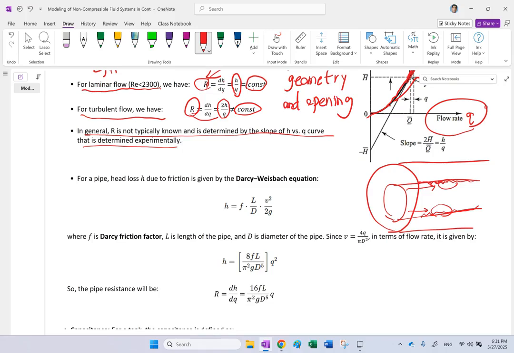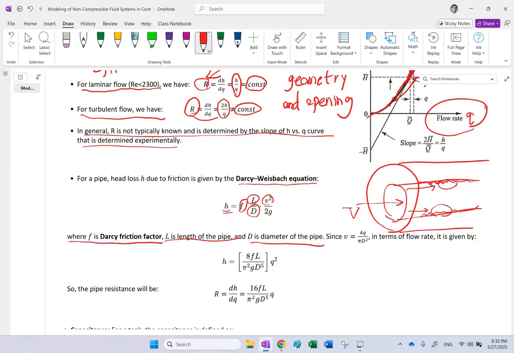So the question is, how much is the head drop when you go through a pipe? One simple formula that you can find in the literature is called the Darcy-Weisbach equation, where it says the head drop when the fluid goes through a pipe is equal to FL over D times V squared over 2G, where V is the average speed of the fluid going through the pipe, G is the gravity, L is the length of the pipe, D is the diameter of the pipe, and this F here is a number we call the Darcy friction factor.